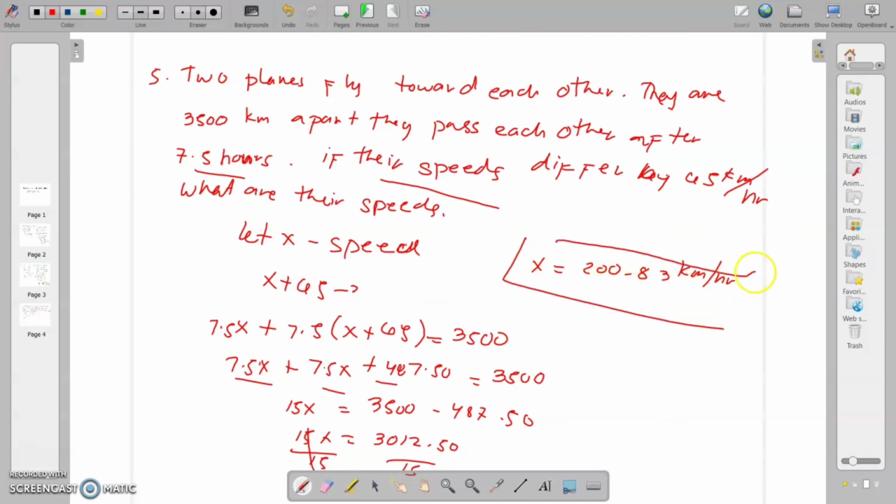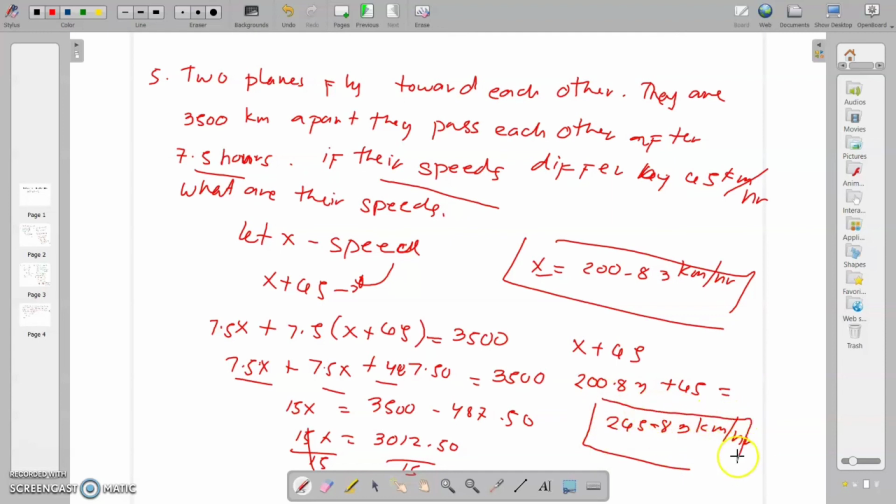Yan ang first speed. How about sa second speed? So x plus 65. Since si x is 200.83, substitute the x. 200.83 plus 65 equals 265.83 km per hour. This is the second speed. So that's all. Thank you and God bless.